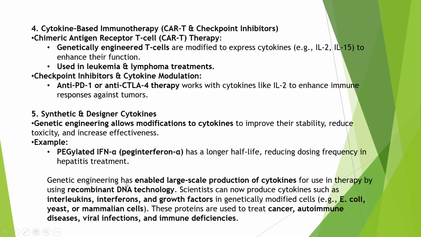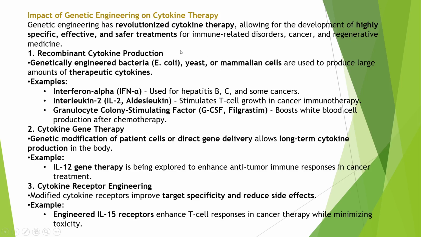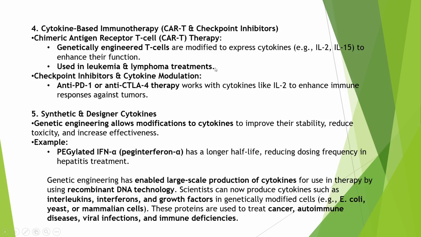Then genetic engineering has enabled large scale production of cytokines for use in therapy. That is basically, large scale production is very advantageous because it will be helpful in large scale supply, and production can be done as quickly and as much as required. So this is because of the recombinant DNA technology where they have modified this one. So they have modified expression systems, which help in large scale production.